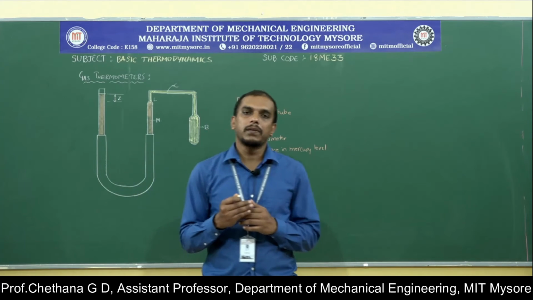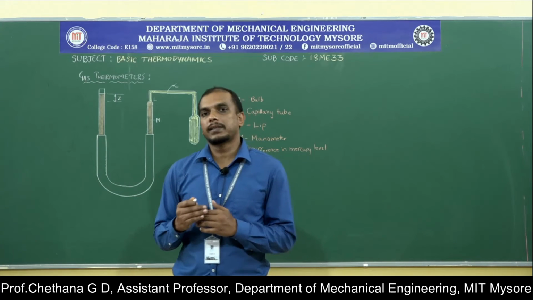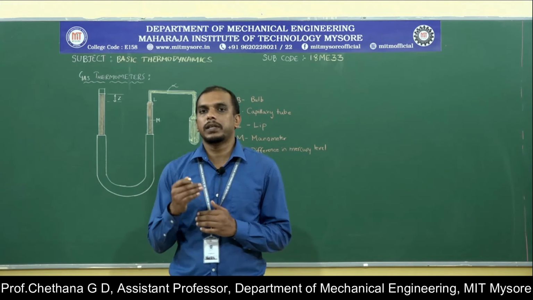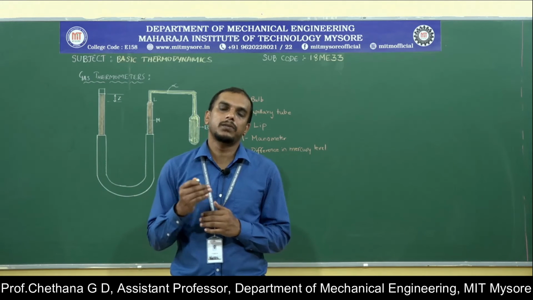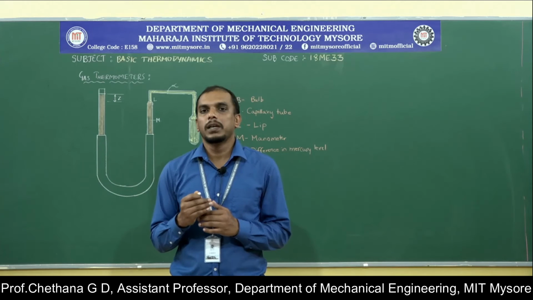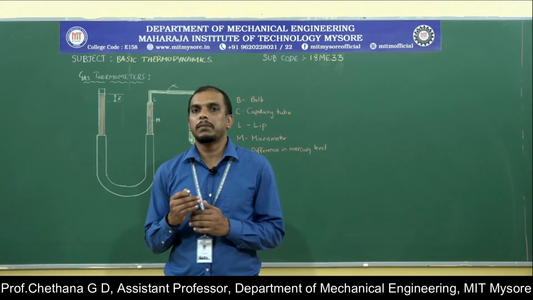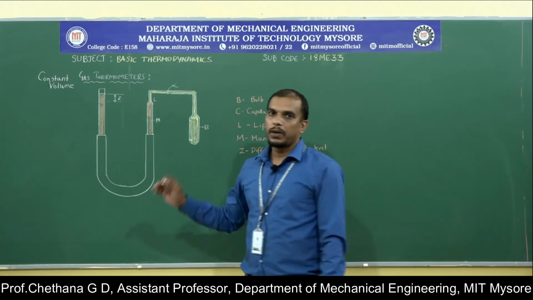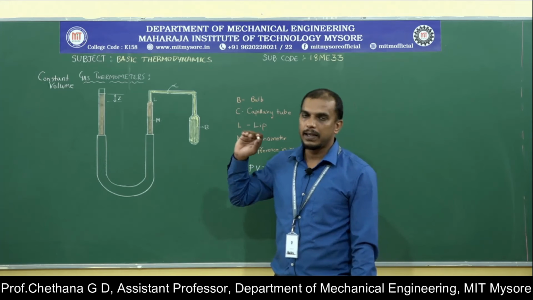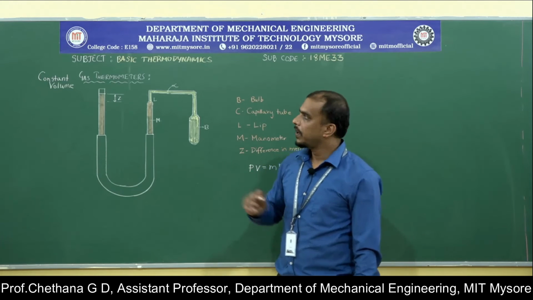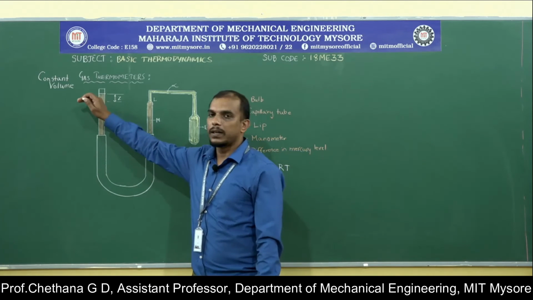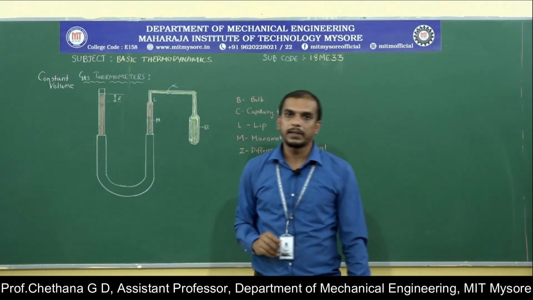Similarly, we can have an ideal gas thermometer, where change in pressure or change in volume can be used as a measure of temperature. We are discussing ideal gas thermometers. First, we will look at the constant volume gas thermometer.